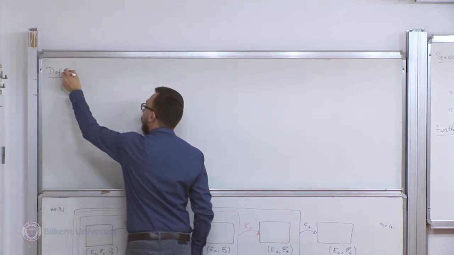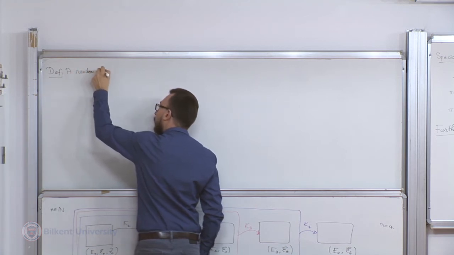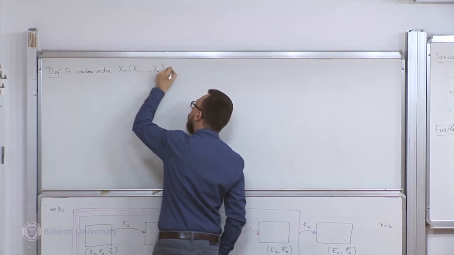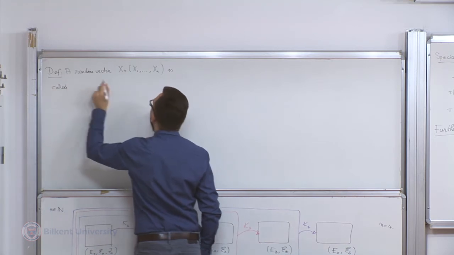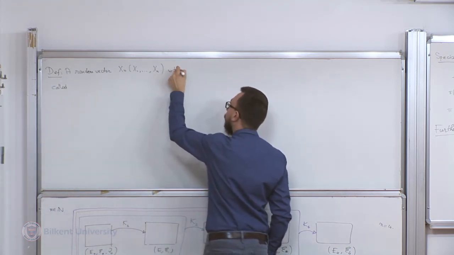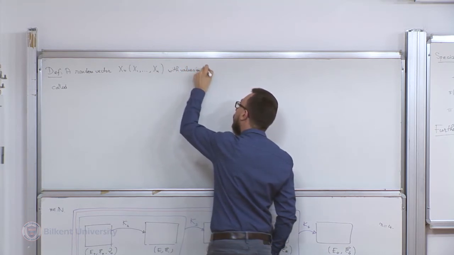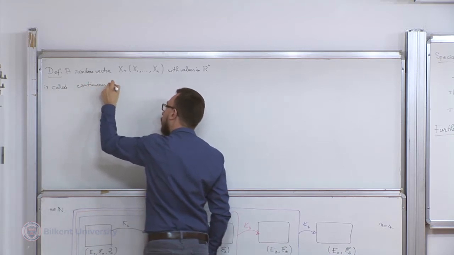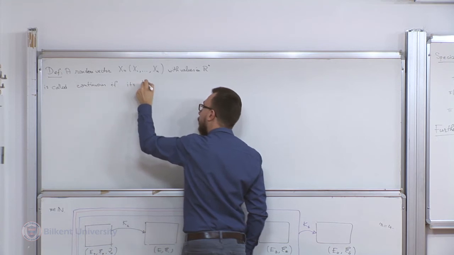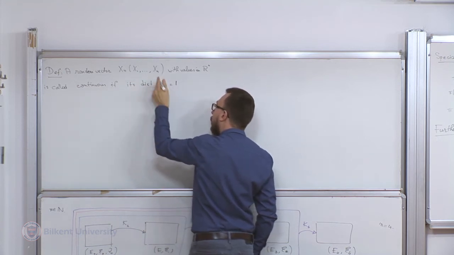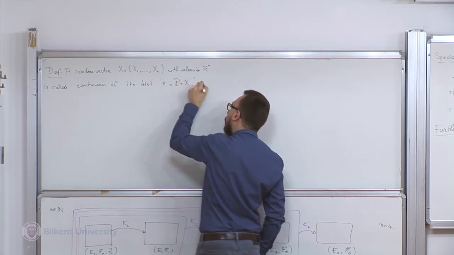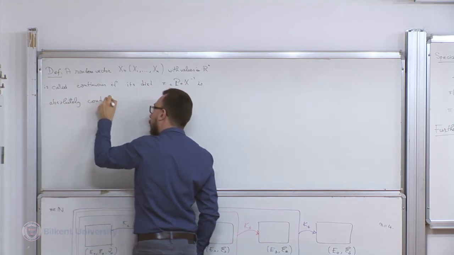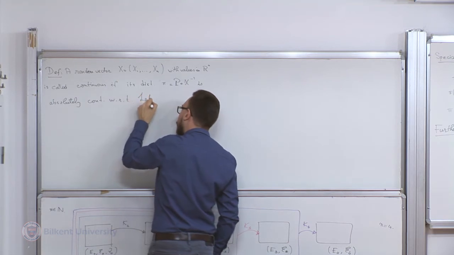So a random vector X, let's say X1 to Xn, with values in Rn, is called continuous if its distribution is absolutely continuous with respect to the Lebesgue measure on Rn.